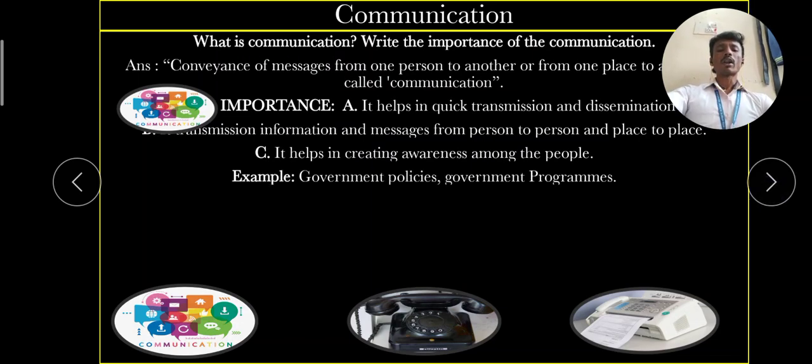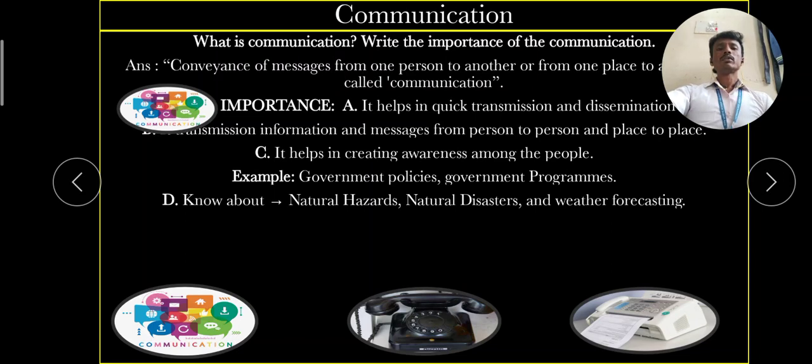For example, government policies, plans of action by the government, government programs, and projects undertaken by the government for the development of the nation. About these we get awareness through communication.